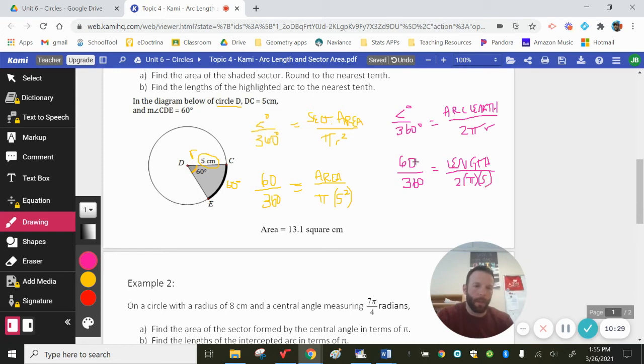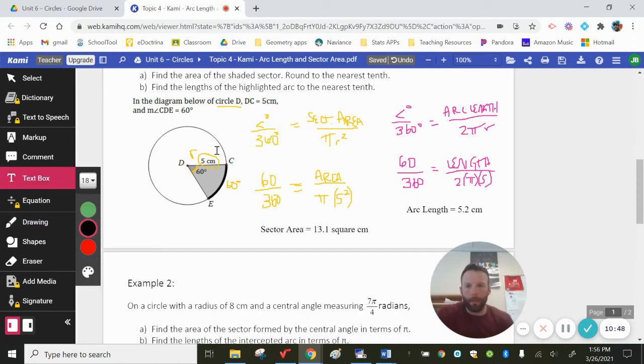Now, when you're solving this proportion, you can just cross multiply or you can go to your equation solver, because we're just approximating pi anyway, and we're trying to find that arc length to the nearest tenth. So the length of that arc is 5.2 centimeters.